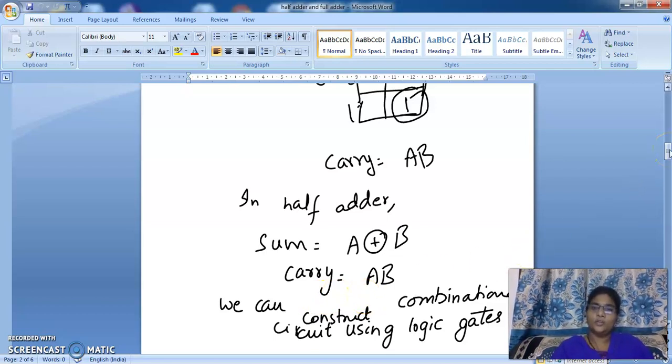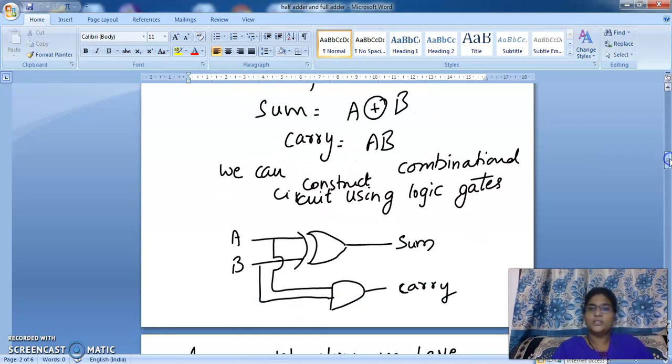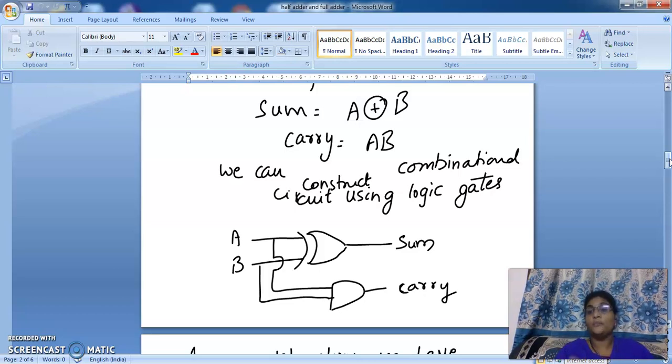Now we are going to construct the combinational circuit. Actually we have to use universal logic gates, but the disadvantage is that if you want to construct the full adder and full subtractor using the universal logic gates, we need 12 to 14 NAND gates.